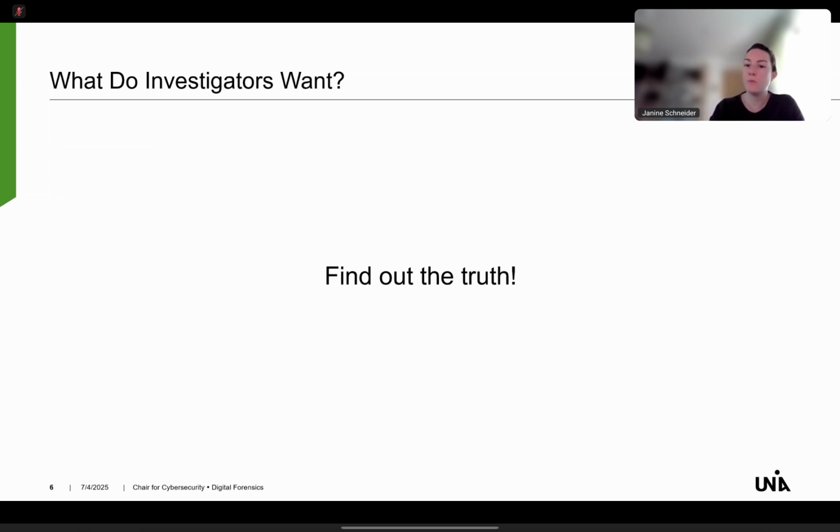This is also why we have high hurdles in criminal proceedings when it comes down to punishment, and high demands on what is established in court, and we always have an approximation of the truth. We will never find out the truth.